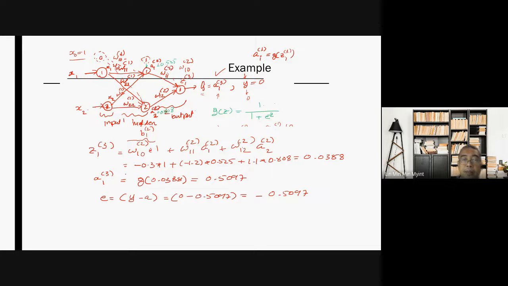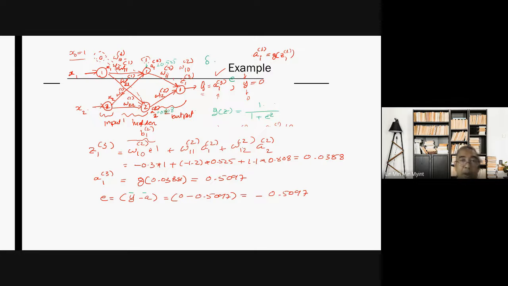And then based on that one, we can calculate the sigma. Let me use a different color in here. So we already got the error in here. But actually, this is not the error. This is the difference between these two. But what we have to do is calculate the error.